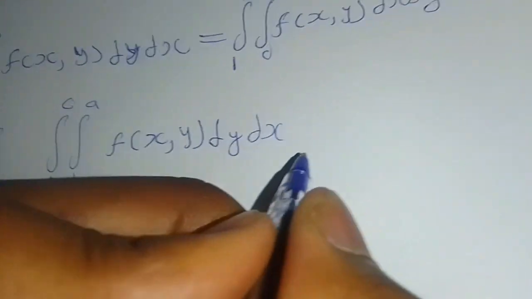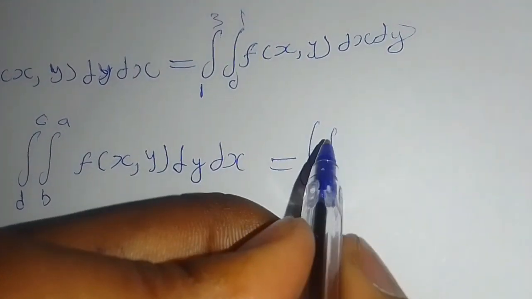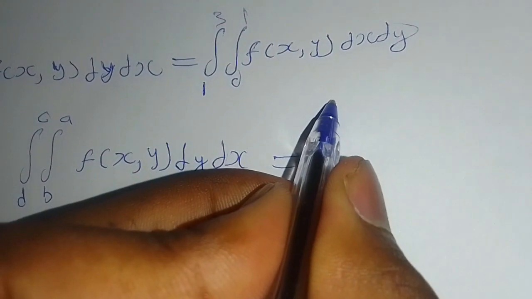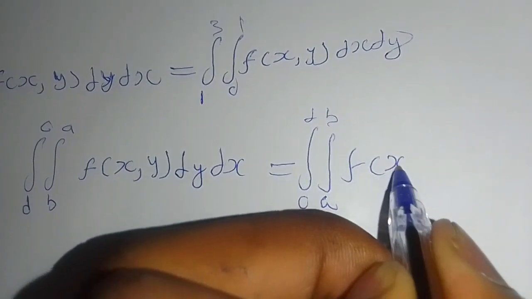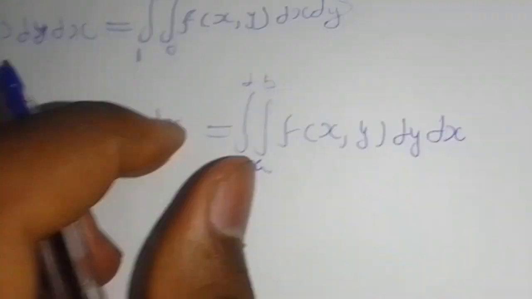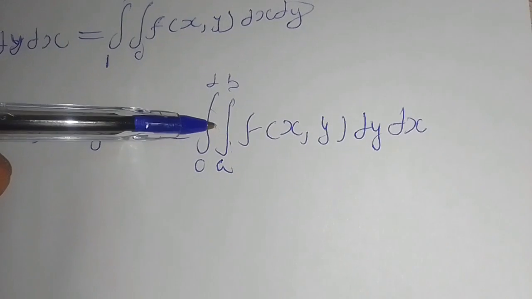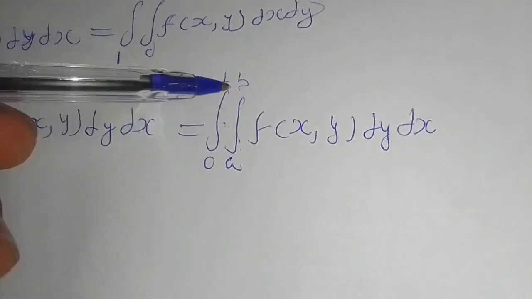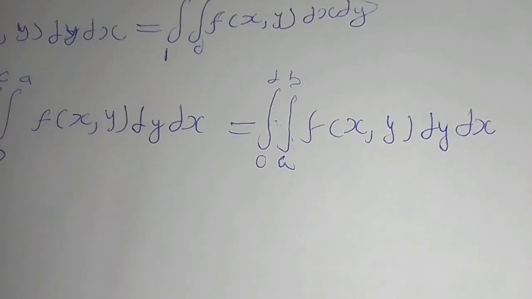The coolest thing is that you can rewrite this as the integral from a to b, c to d, f at x, y, dy dx. Now you tell me, why exactly am I doing this? Notice that if you switch the boundaries on the integral, you have a negative sign, and if you switch the boundaries of the other integral, you also have a negative sign, and negative by negative is positive.